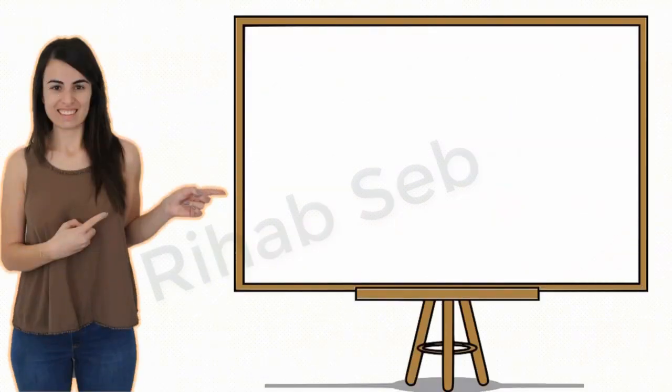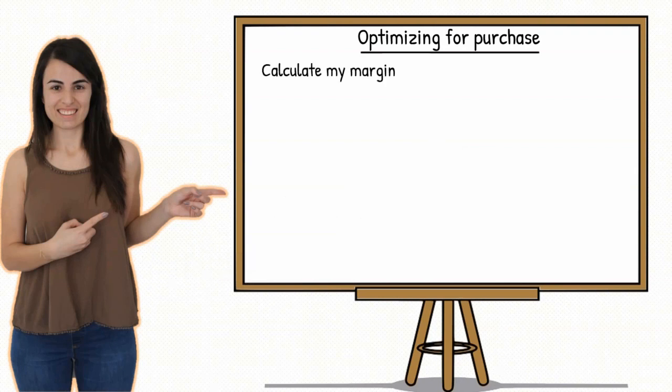Let me tell you now about the strategy I use for manual bidding. In this case, I choose to optimize for purchase. The first thing I do is to calculate my margin. I know I keep repeating this during this course because it's very important for you to know your numbers. The margin is the difference between your selling price and the cost of your product.